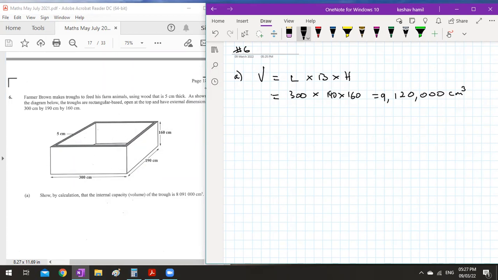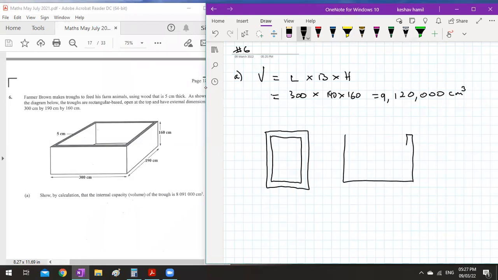So we have to consider that if I were to watch the top view of the shape, it would look something like this, right? And if I was to watch the side view of the shape, it would look something like this, right?